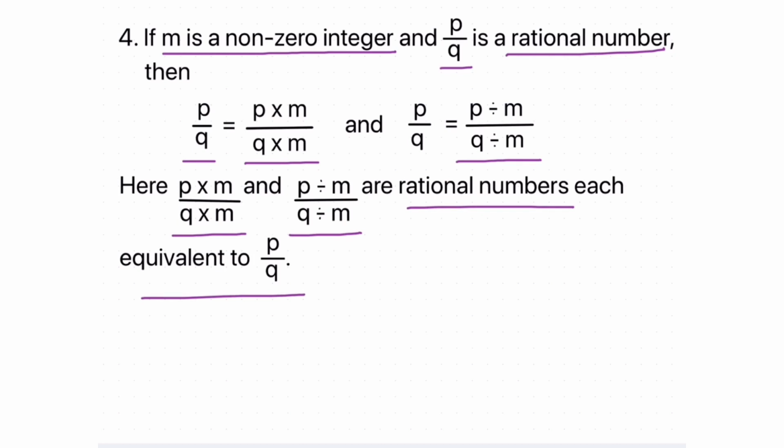That is, a rational number remains the same if we multiply the numerator and denominator with the same number. Similarly, a rational number remains the same when we divide the numerator and denominator with the same number.